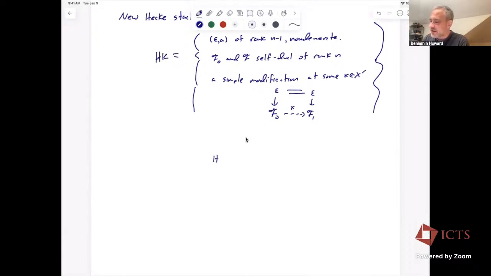And so this Hecke stack, by construction, maps all the way down to the Hitchin base just by remembering E_A.